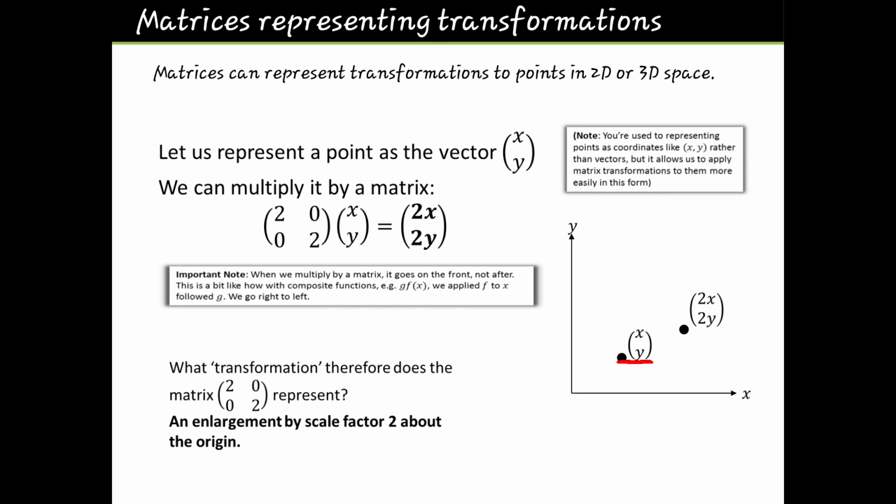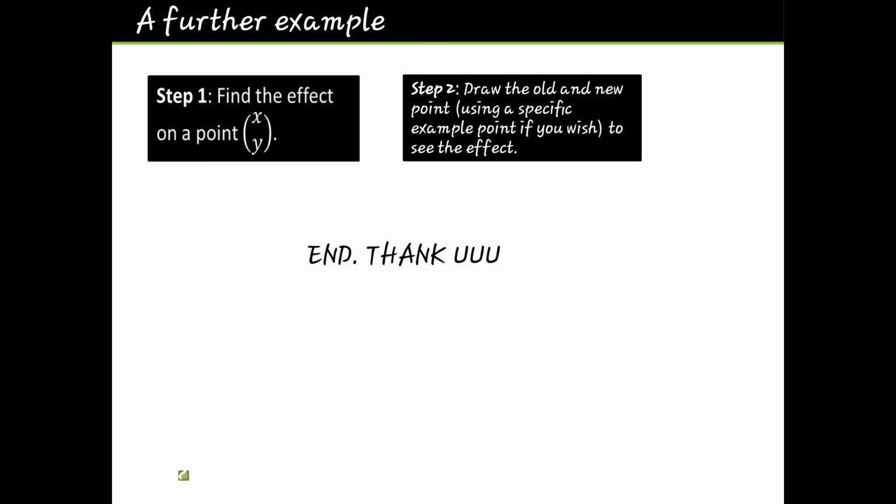It was initially here, and now it is here. So this matrix is enlarging our point, or our vector, by a scale factor of 2 about the origin. So it's a transformation.